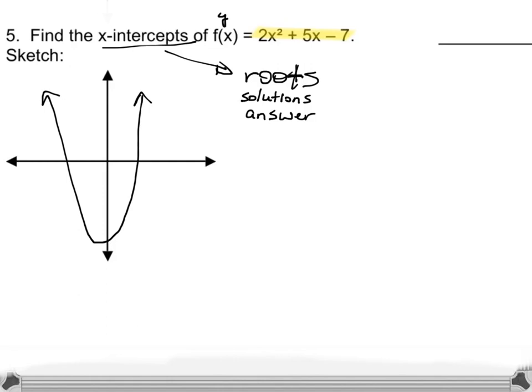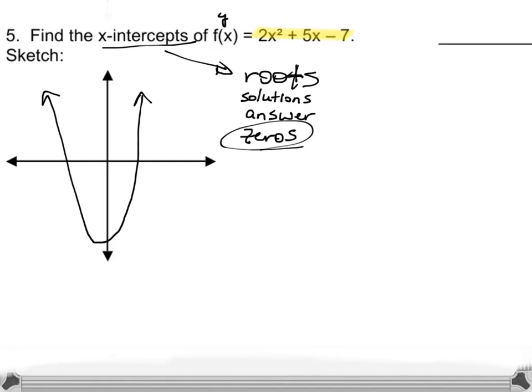Again, sketch it in based on what you see in the calculator. So you're going to find the zeros. Root, solutions, answers, zeros, all the same thing. So when it says find the x-intercept, you're finding the zeros. So this is what is on the menu.